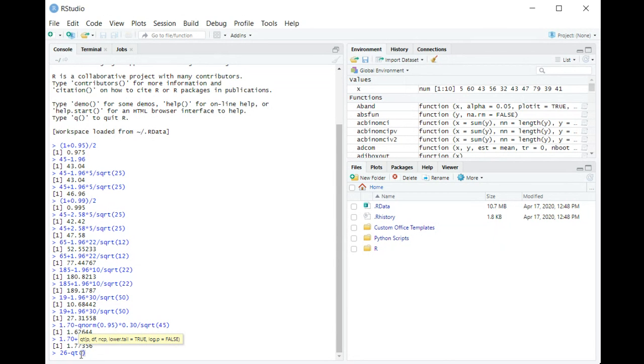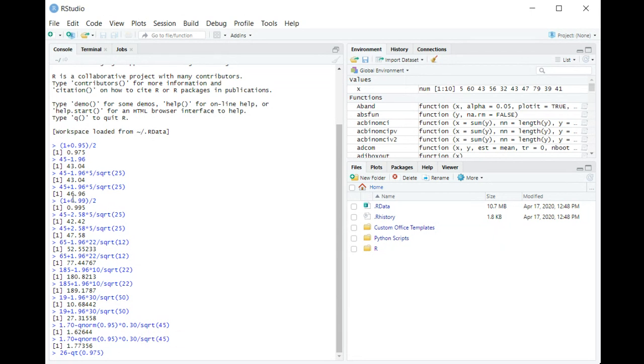We're going to use that 0.975, which is 1 plus 0.95 divided by 2.